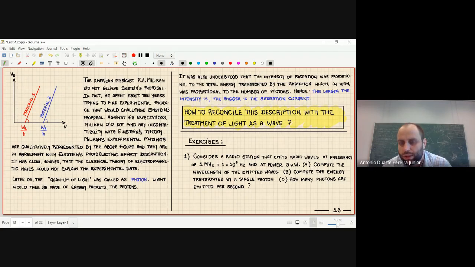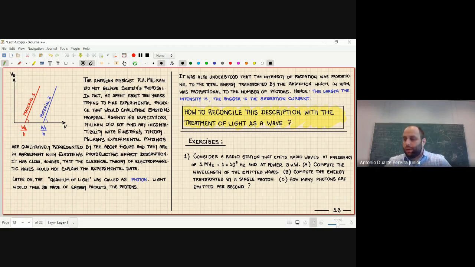So someone said 300 meters. And the rest? 3 times 10 to the 2, which is 300. Yeah. Okay. So I see that all of you that answered found 300 meters, and this is correct.